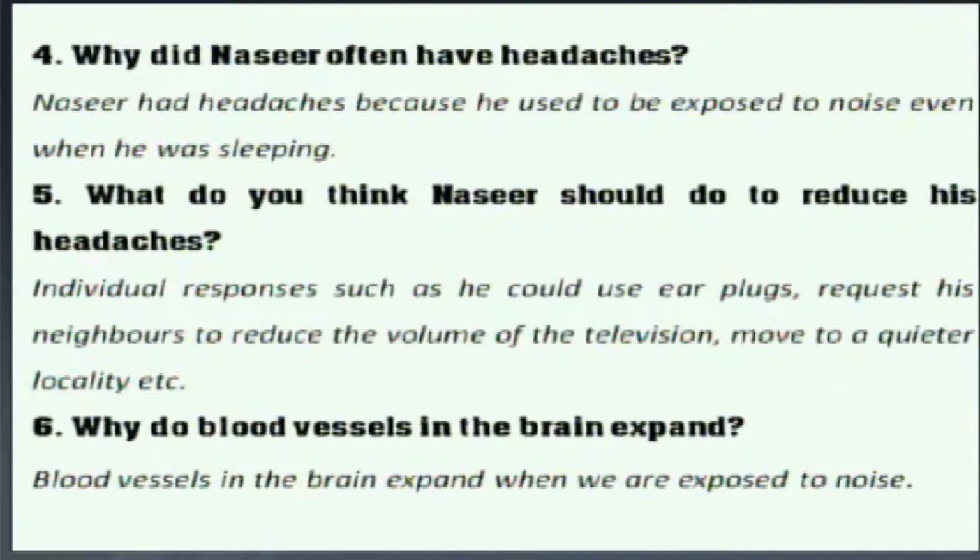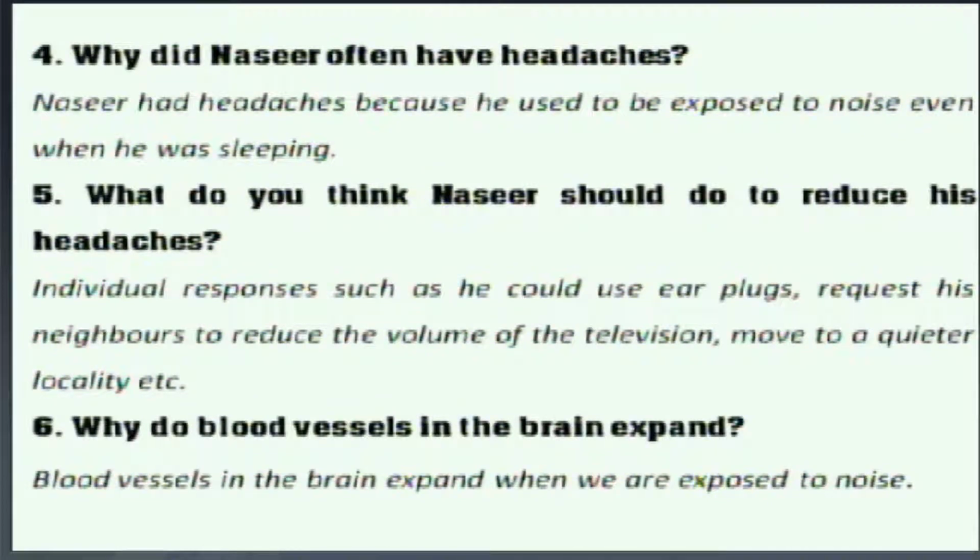If you are in the place of Nasir, you can use earplugs. You can request the neighbors to reduce the volume of the television or move to a quieter locality. Here it is written in the answer, individual responses, which means you also may come up with some examples or suggestions for Nasir.